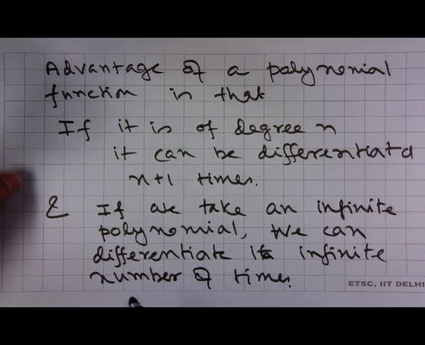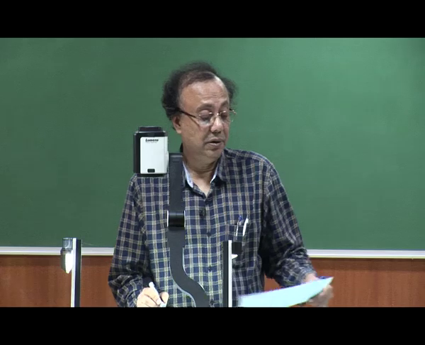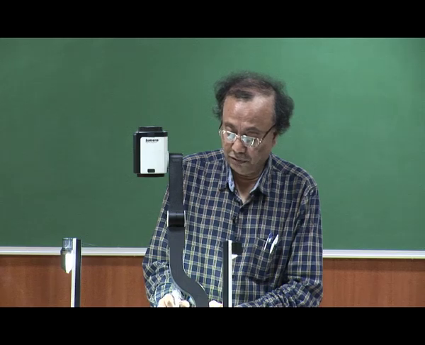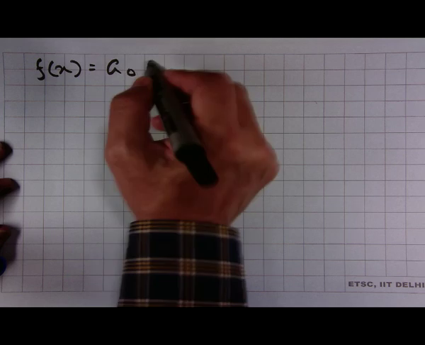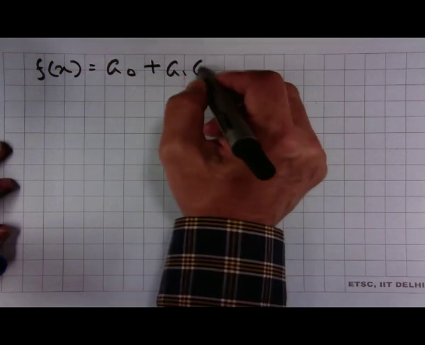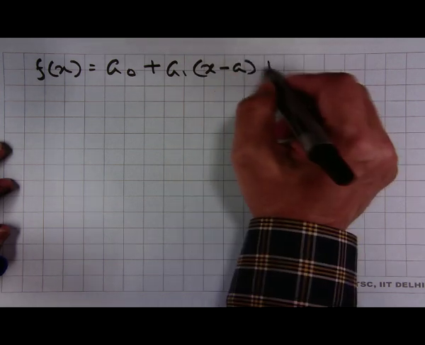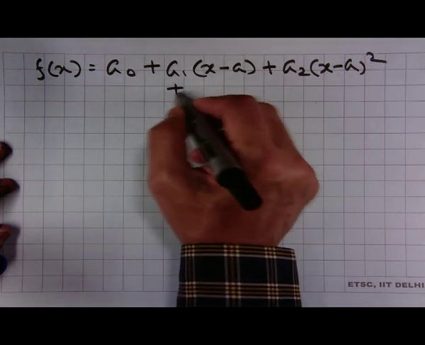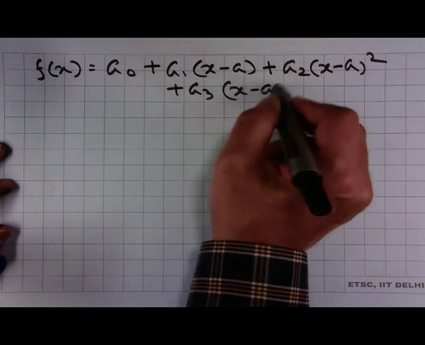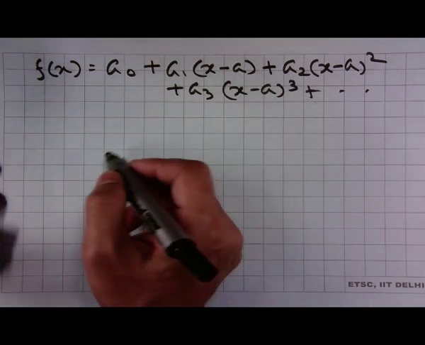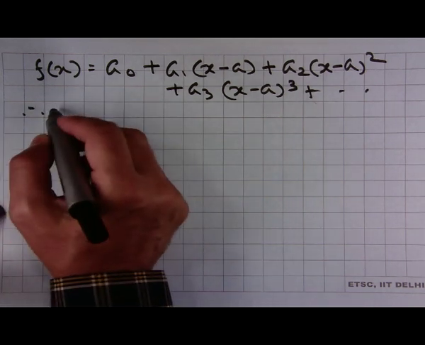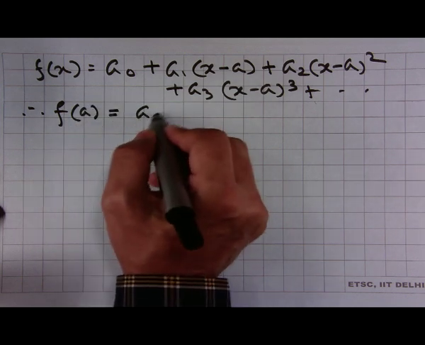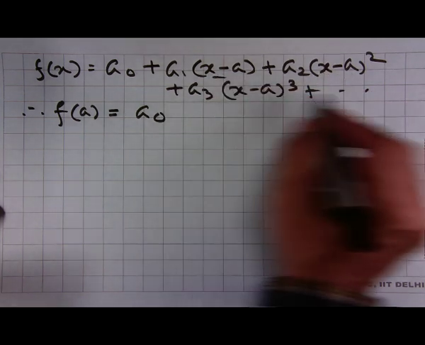So, with this assumption, we shall try to find out the polynomial expansion for f(x). f(x) is equal to, as we have assumed, a0 + a1(x − a) + a2(x − a)² + a3(x − a)³, etc. Therefore, f(a) is equal to a0, because all other terms will become 0.